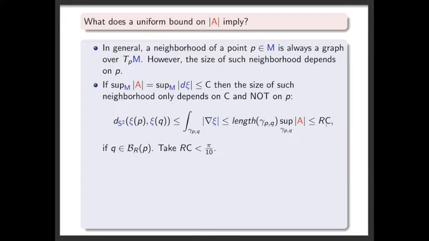And for instance, if you take a uniform R such that R over C is less than pi over 10, then this estimate gives you that it's locally a graph.